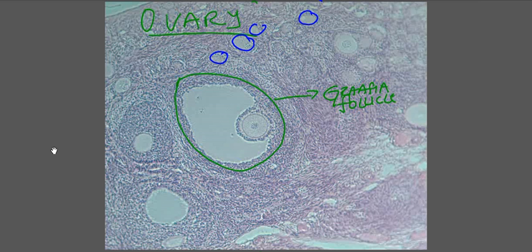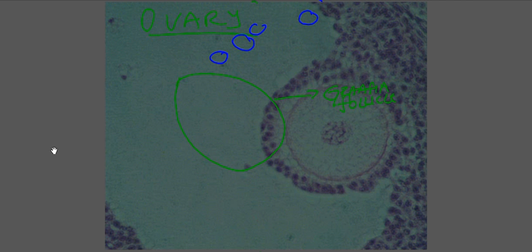Now, so this is showing you more in detail. It's kind of dark, but you guys can see it clear enough. So this is still the ovary, higher magnification into that particular Graafian follicle, right? So what is this thing here? These whole things.